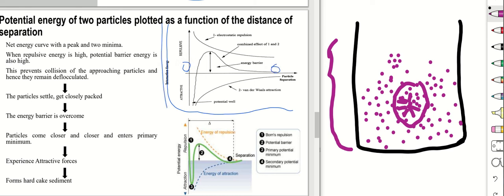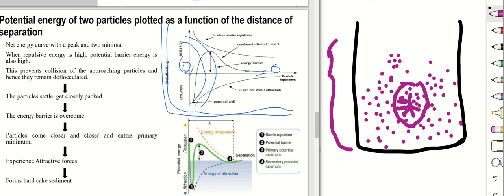Now this is a container having suspended particles. When a particle is coming closer to another particle, because of the surface energy and the surface charges, this particle has to overcome some energy or the surface charges.